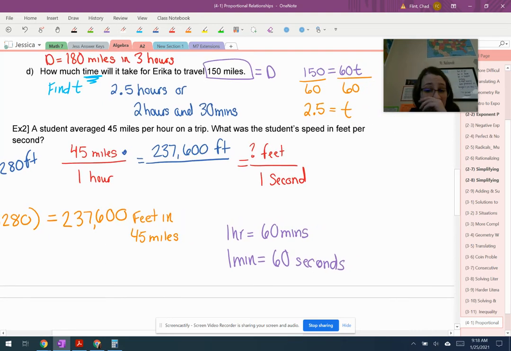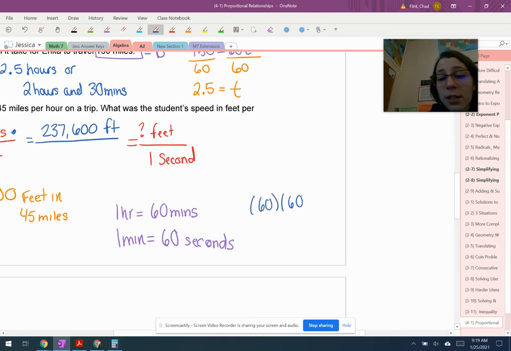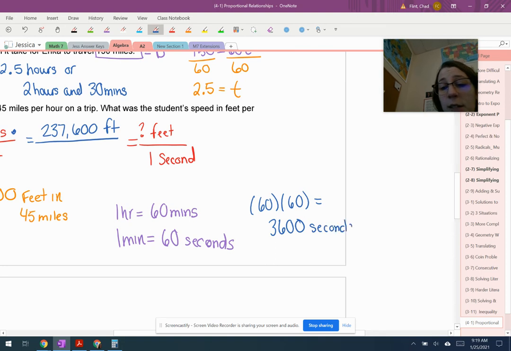So if I have 60 minutes and each of those minutes has 60 seconds in it, I can find the number of seconds in an hour by doing 60 times 60 to get me 3,600, which makes sense, seconds per hour.